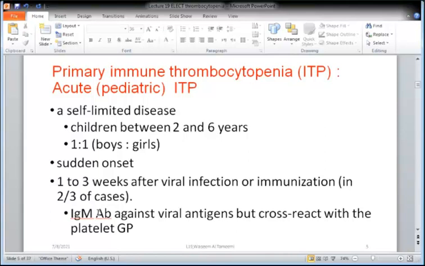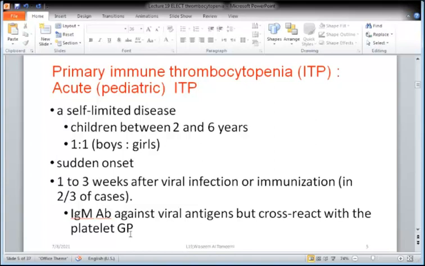The mechanism is similar to any ITP, an antibody against the platelet surface, but here the antibody is an IgM antibody directed against the platelet surface. But this antibody is generated basically against the immune trigger, which is either the viral infection or immunization. And this IgM antibody that is generated against the viral antigen is cross-reacting with the platelet glycoprotein.